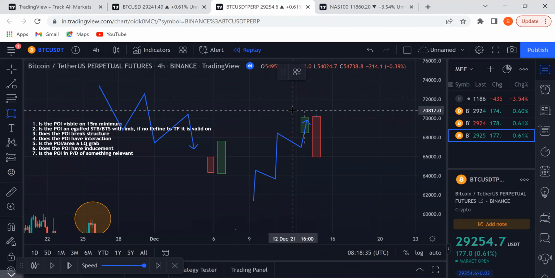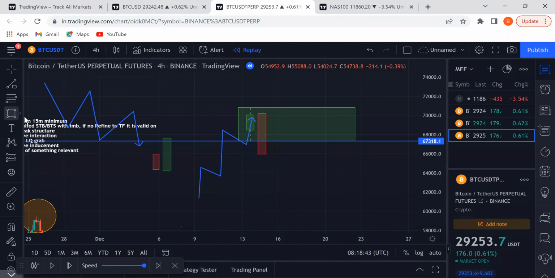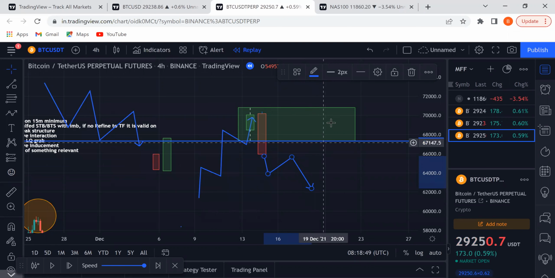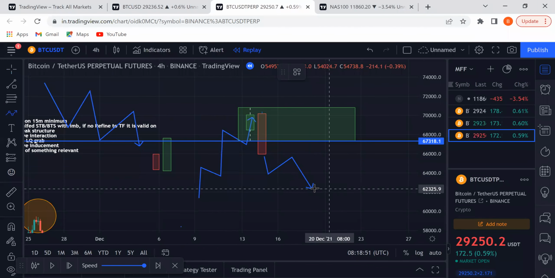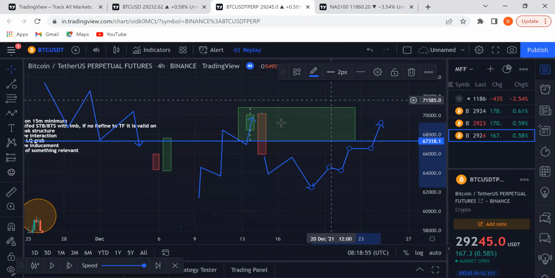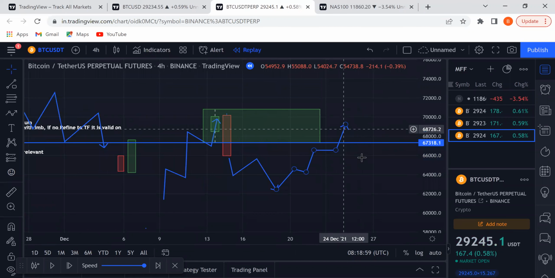This candle from the top of it, the high of it, to the low of it becomes our POI. So you'll be expecting price to go down like this, break structure, then come back into that POI like this. So here we are ready and willing to trade for a sell.